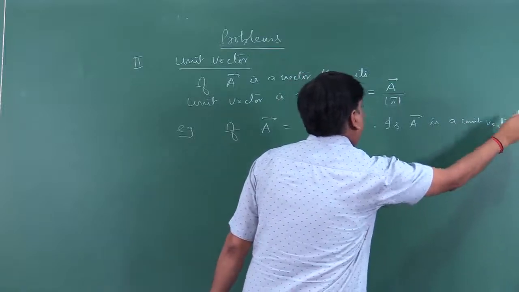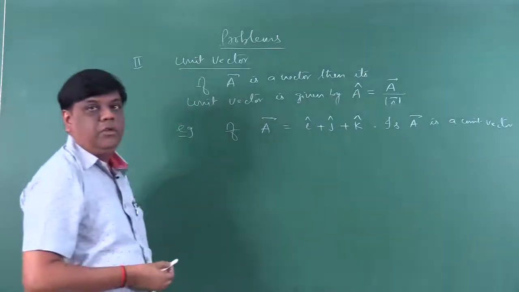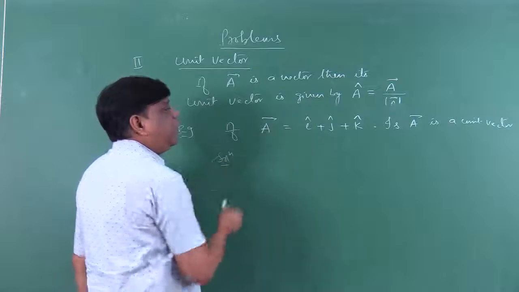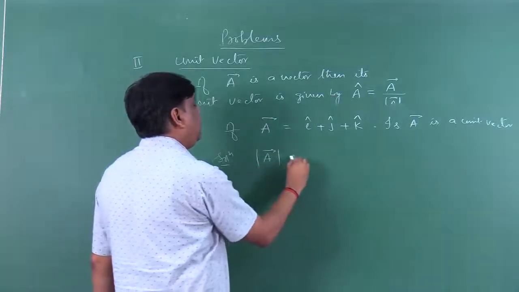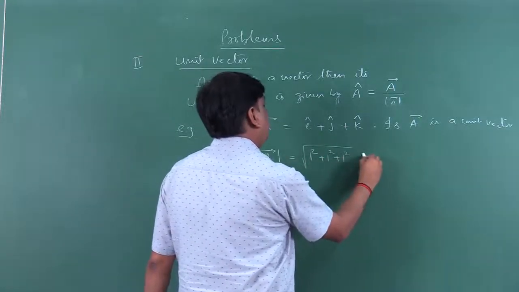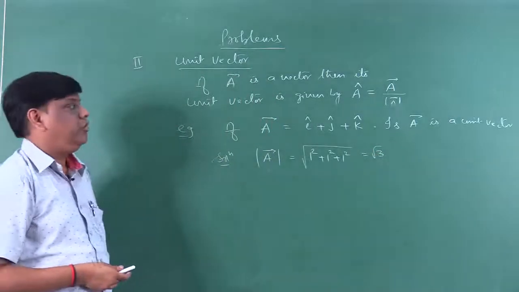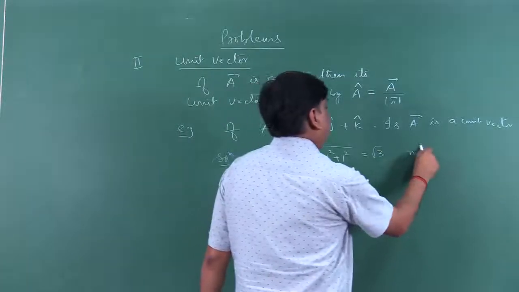So obviously what you can see is that the sum of 3 unit vectors is not a unit vector. The reason being, if it is a unit vector its magnitude should be 1, but when we calculate the magnitude of this, it is 1 square plus 1 square plus 1 square, and this magnitude is root 3. So this is not a unit vector, correct.